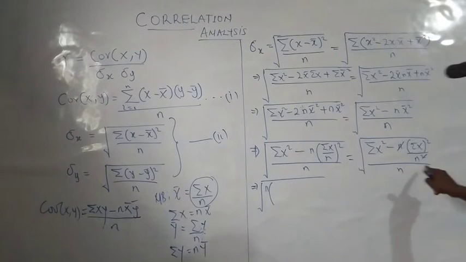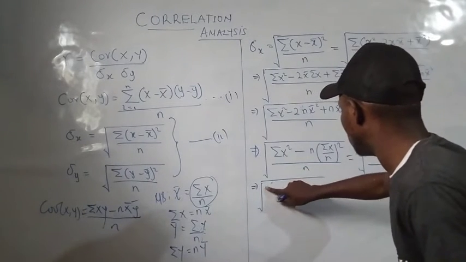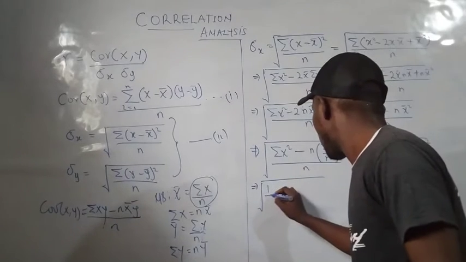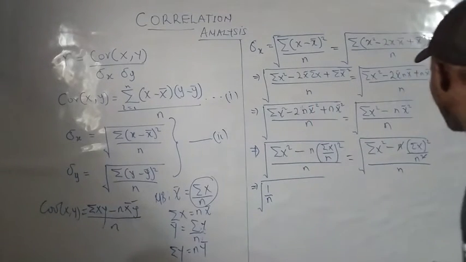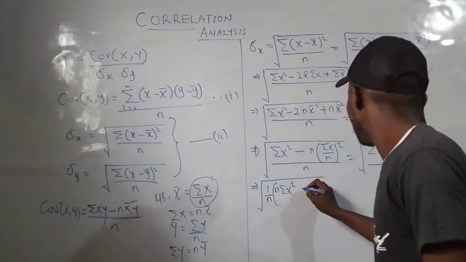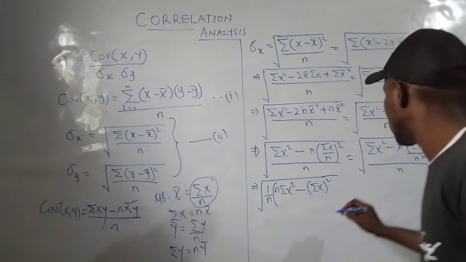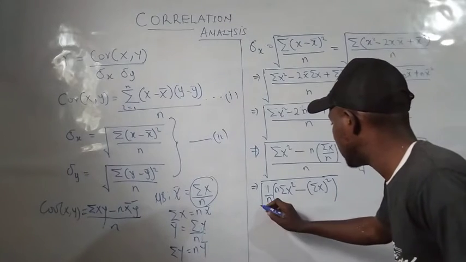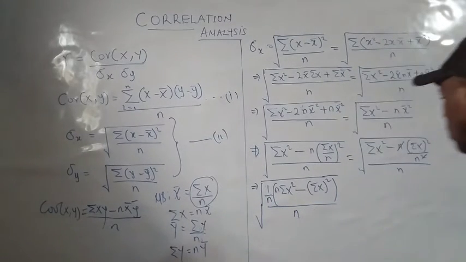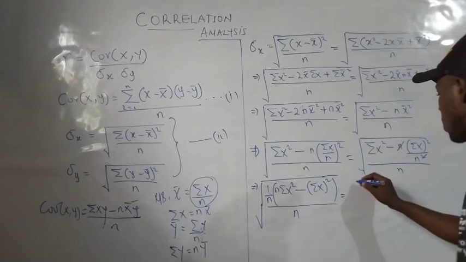Pardon me please, when I bring out 1 over n from here, I'll be having, open bracket, n summation x squared minus summation x all squared, and close the bracket, extend this a bit, so that I'll be having it all over n actually.